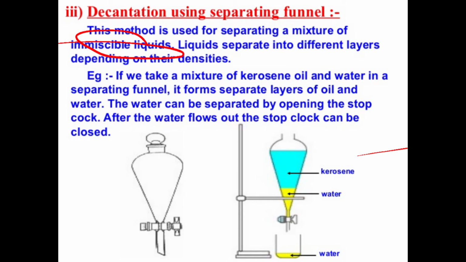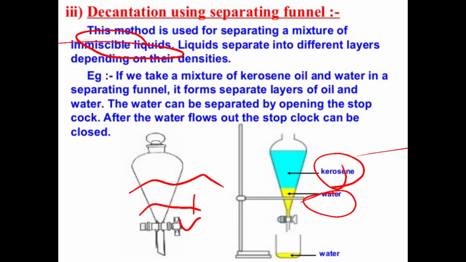For example, kerosene and water. Just see it carefully. Here there is kerosene. As we know, oil is lighter as compared to water, so it will float above and the water will be below. So this is used in such cases.